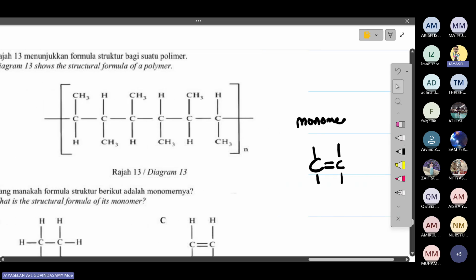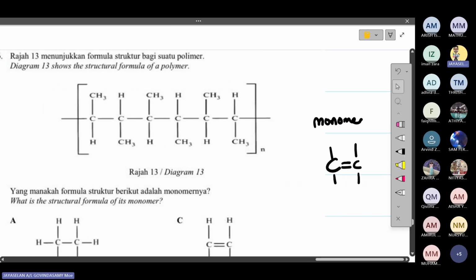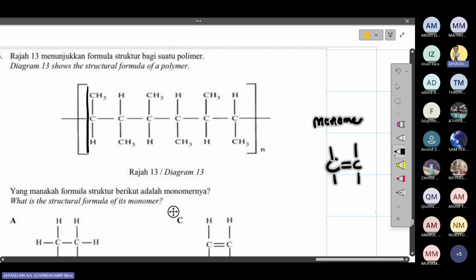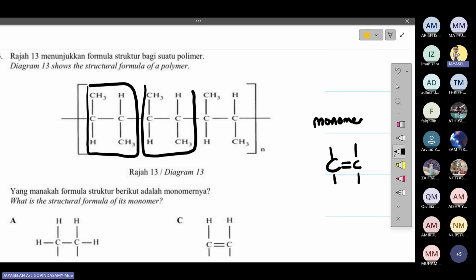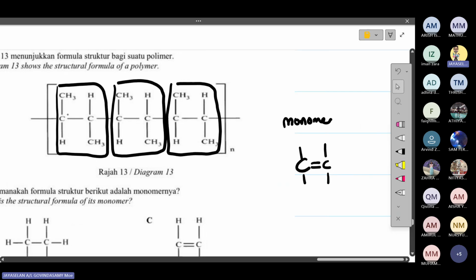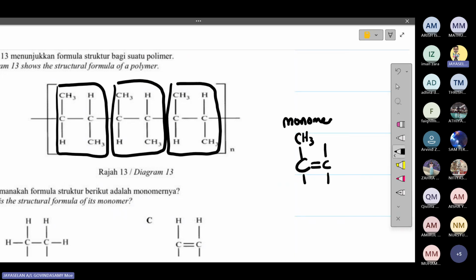Okay, now they already give you the polymer. Try to get the monomer. One monomer is here. Another monomer is here. The third monomer is here. After you draw this, you take the monomer. This CH3 I put here, the CH3 I put here, then H, and the double bond is done.